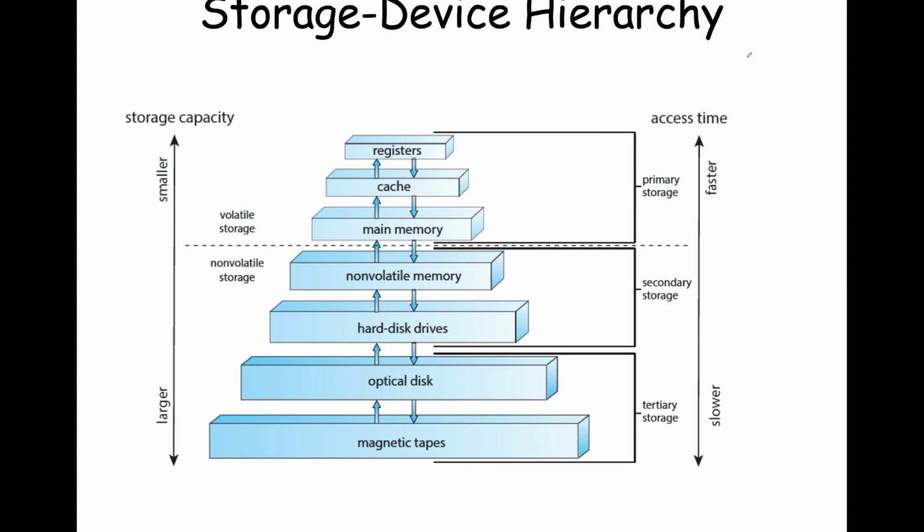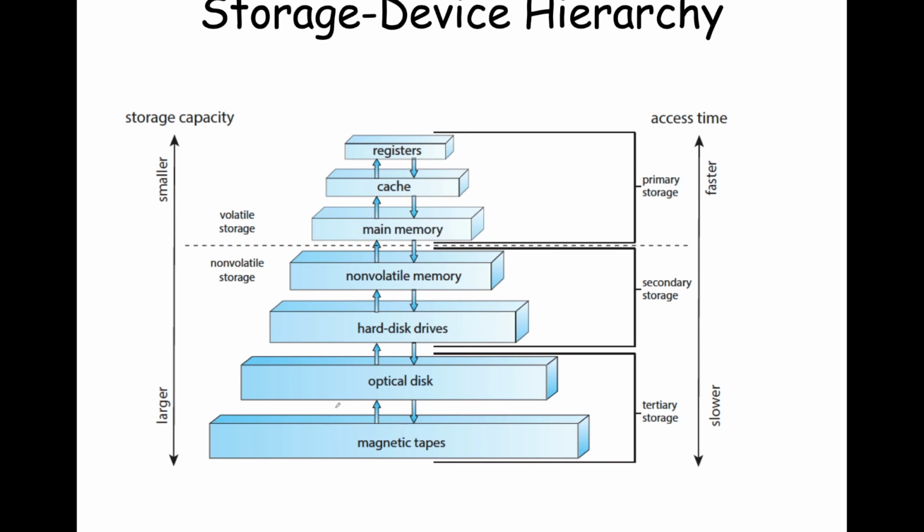We have the cache, the instruction cache and the data cache on the CPU. We have main memory, random access memory, RAM, as you might know it. And then below this dotted line, we have non-volatile storage. We have non-volatile memory, like SSDs and things like that. We have hard disk drives, optical disks like DVDs and CD-ROMs. We even have magnetic tapes.